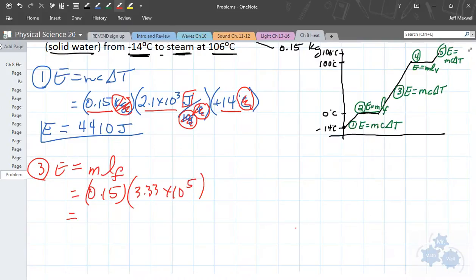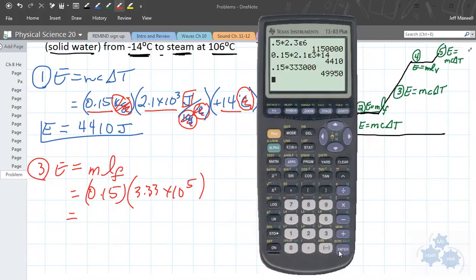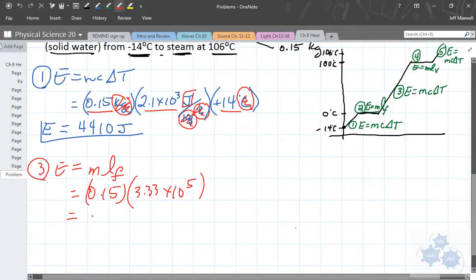And you do that calculation. 49,950. Did you guys get that? 1, 2, 3, 4, 5. See, I just moved the decimal place over. So 49,950. And what unit is that? Joules. Awesome. Okay. So we'll keep that one tucked in our hat there too.